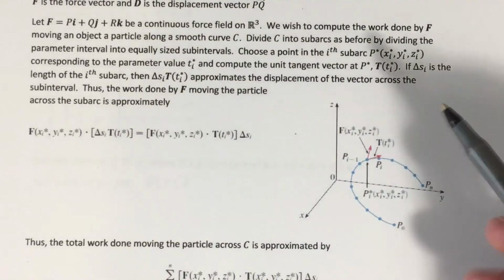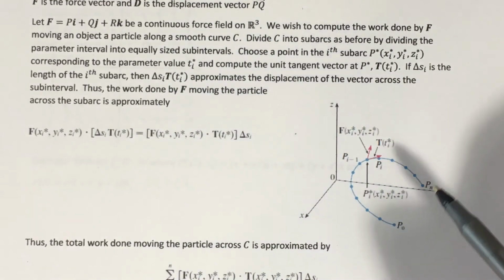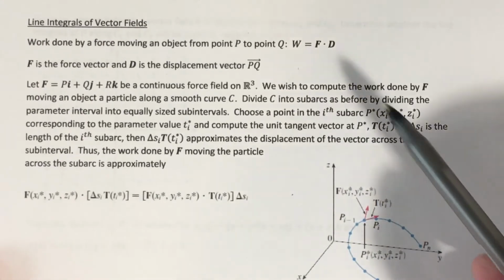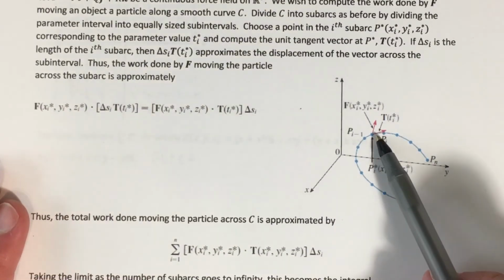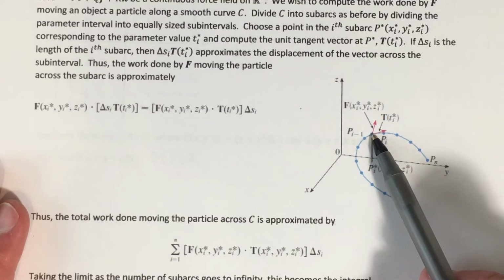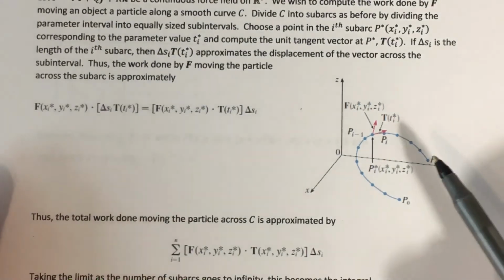So what I want to do is use this unit tangent vector to approximate the displacement vector in moving this particle from the first point, the left endpoint of that subinterval, to the right endpoint, or the first one of the endpoints to the other, I guess.